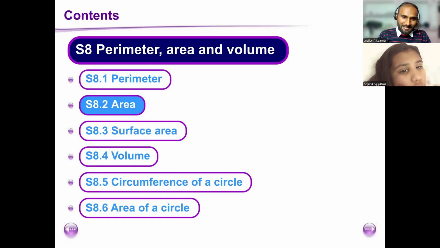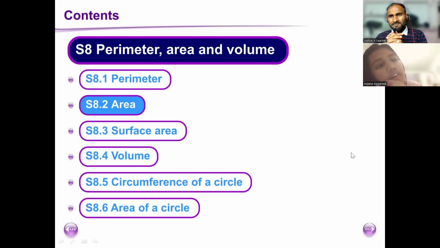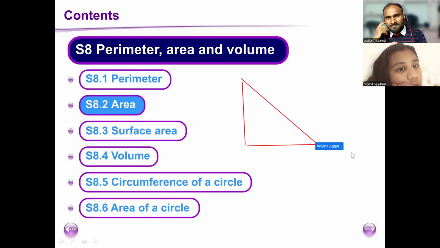Okay, let's draw. Can you draw? I'm allowing you to draw. Draw a right angle triangle. Go ahead. Done.